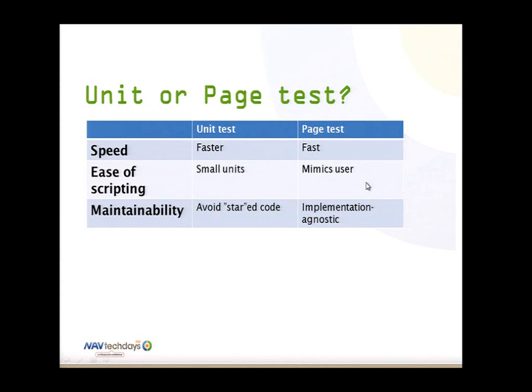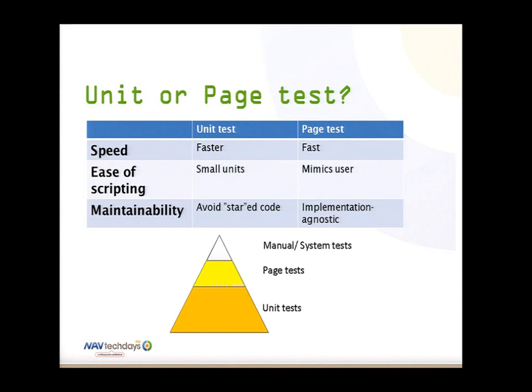But a page test is completely implementation agnostic. So in a refactoring project, you might completely change the code, but as long as your functional behavior is what it was, your test will pass. So both serve different purposes, and one needs balance to think about which approach one chooses.